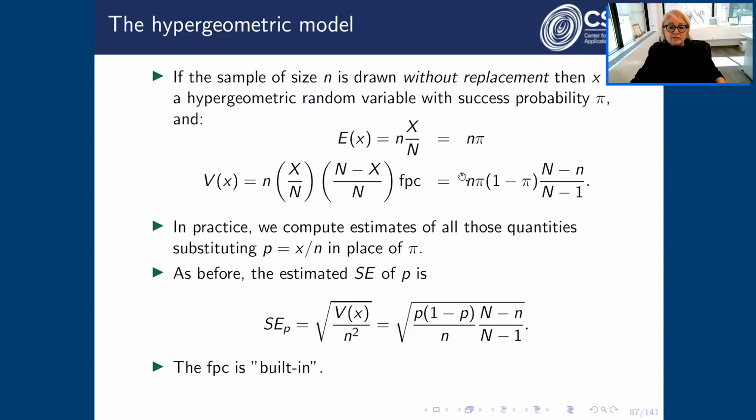The standard error of P is going to be equal to the square root of this thing divided by n squared. This is what that standard error looks like, and here is the population correction factor, built in because we're using the appropriate model for the case where we have a finite population and we sample without replacement.